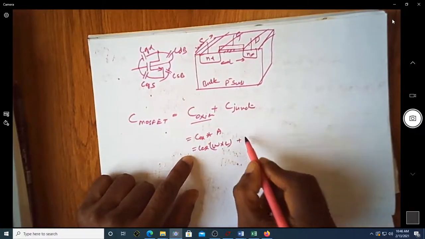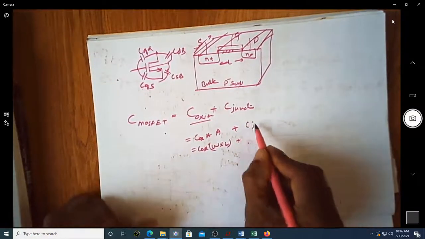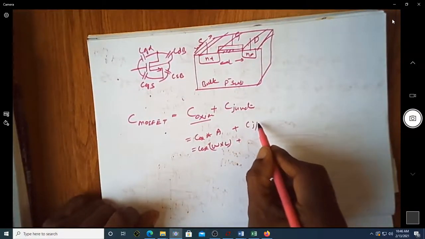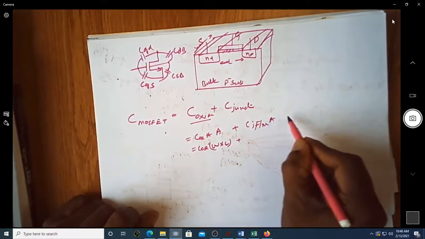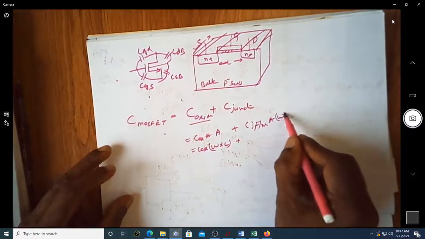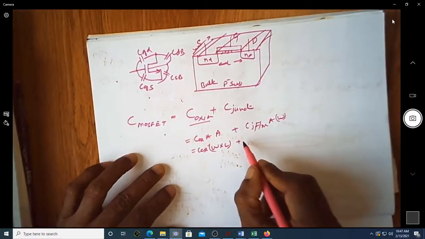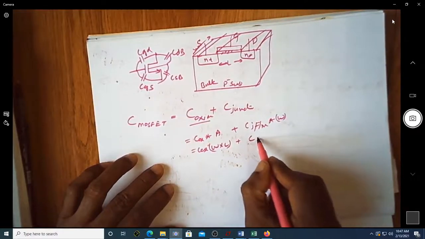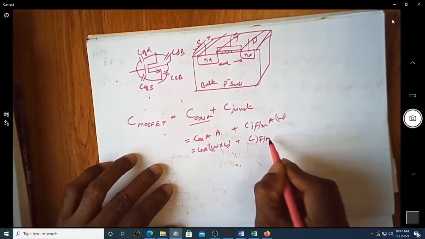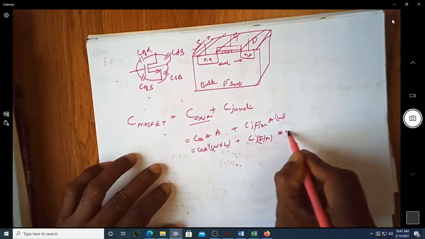Then the junction capacitance Cj, which is in farad per meter, is also proportional to the width of the transistor, with the perimeter and other parameters coming in. Here also Cj is the junction capacitance per unit distance multiplied by the width.